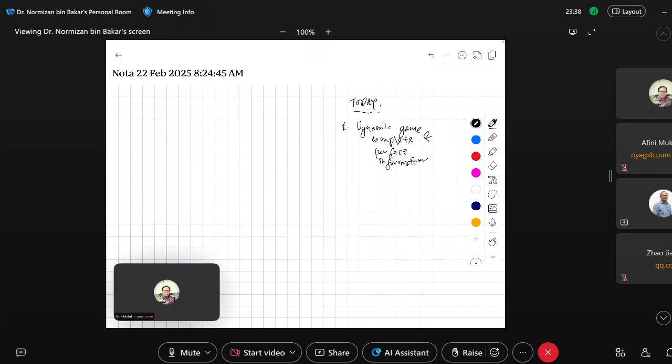And then the second part that we are going to do today is to continue our reading about globalization. And then we'll come back for the review of game theory that we have discussed so far.